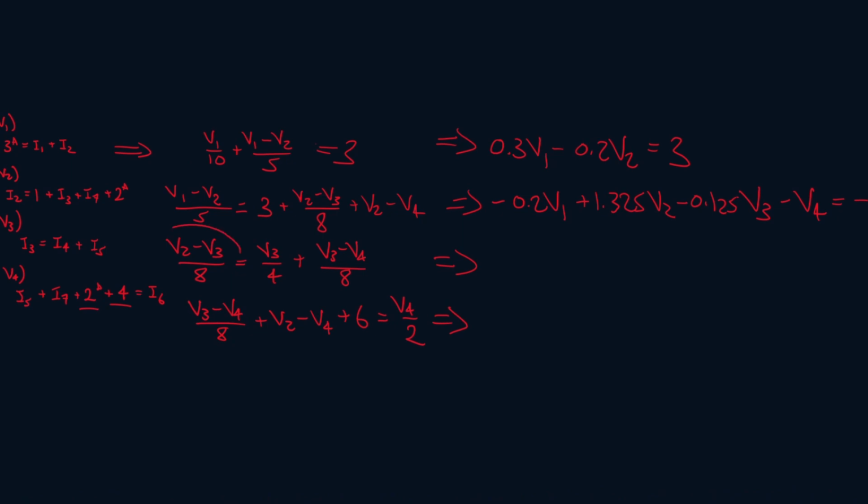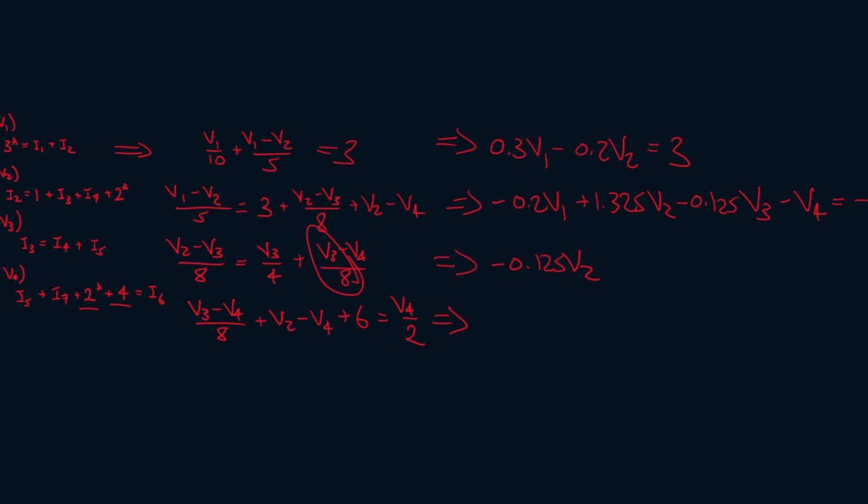Now, for this one, let's bring everything to the other side. So we have V2 over 8, and since we brought it to the other side, it's minus V2 over 8, so it'll just be minus 0.125 V2. And minus V3 over 8, we brought to the other side, so it'll be positive V3 over 8, plus 1 over 4, plus 1 over 8 again because of this one.